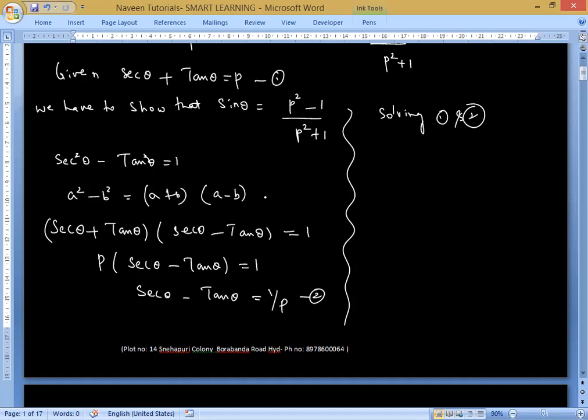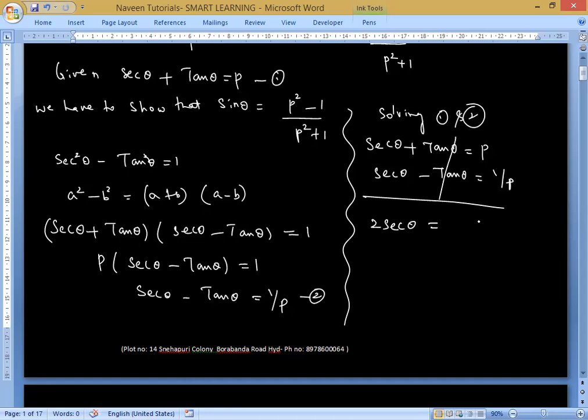Secant theta plus tan theta equal to P. Second equation is secant theta minus tan theta is equal to 1 by P. So I can cancel plus tan theta and minus tan theta. 2 secant theta is equal to P plus 1 by P.